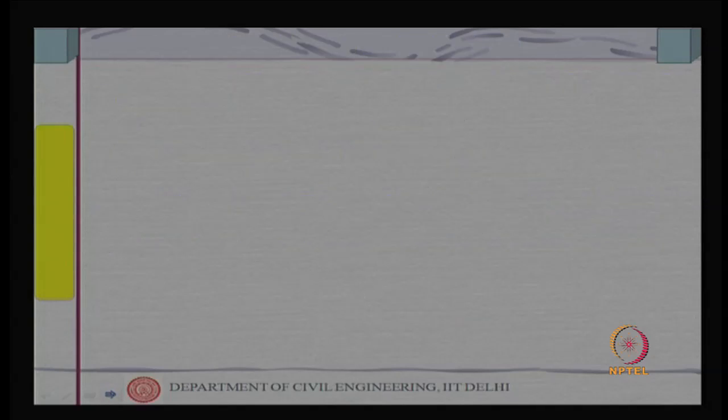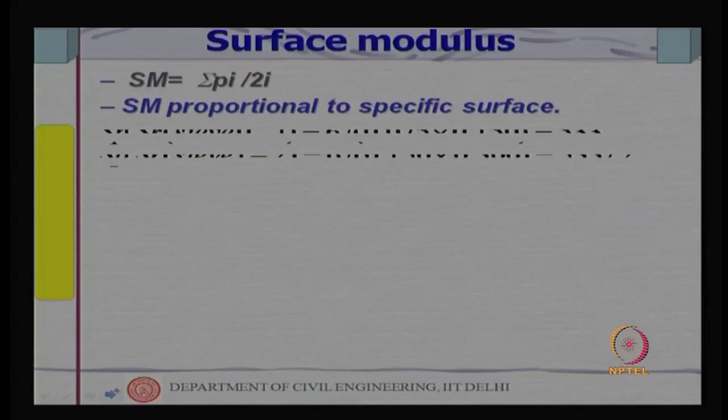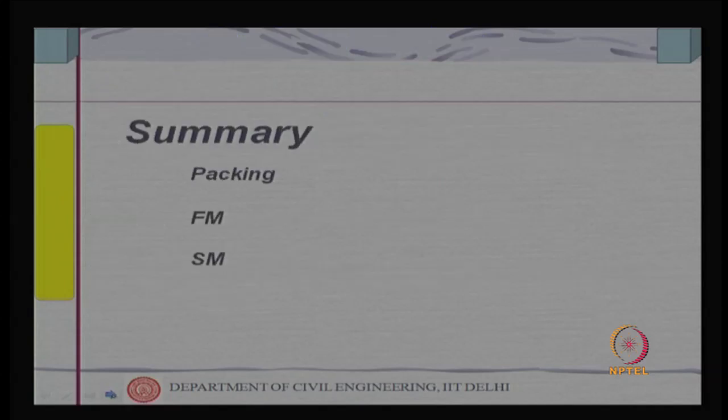So, we can summarize today's discussion: what we have discussed is essentially packing. Fineness modulus and surface modulus we have just started, and next class we will look into this.